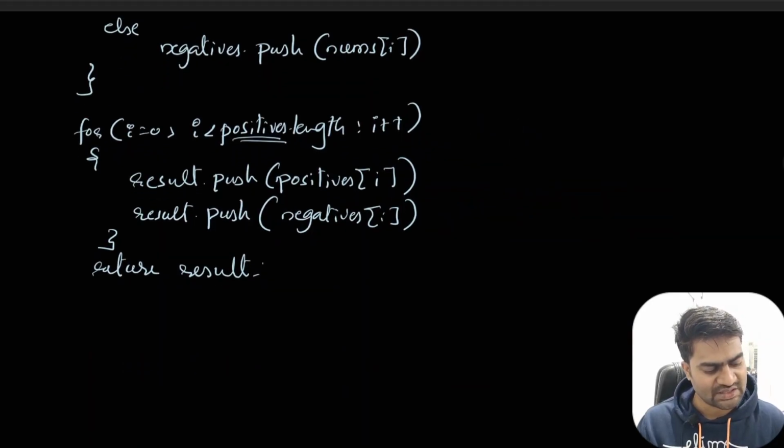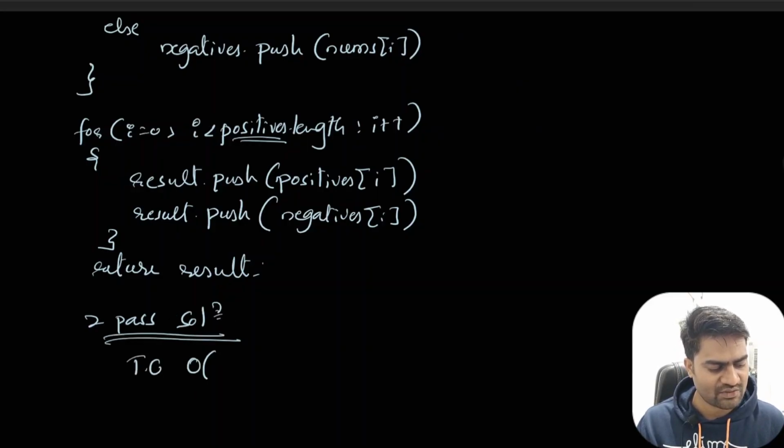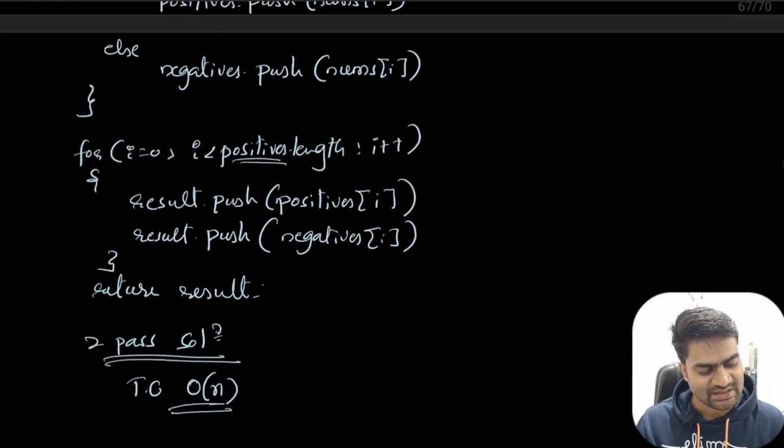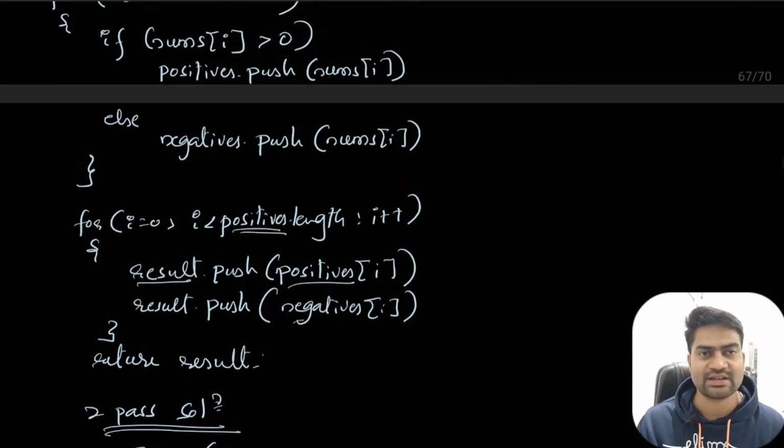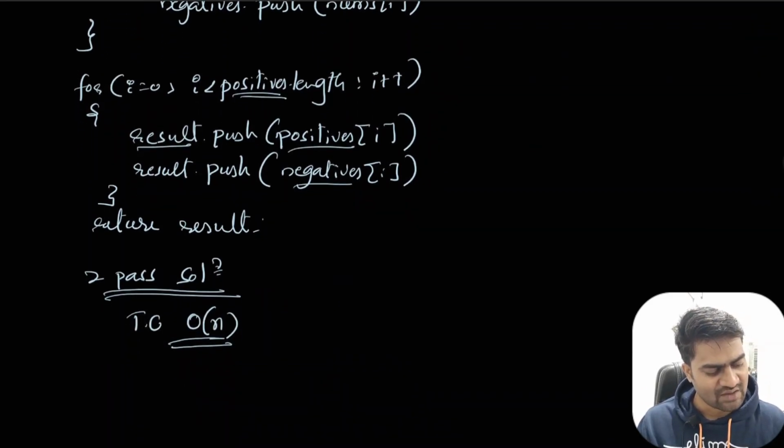So this is our 2-pass solution. That's why our time complexity is of order n. And we use the result array, and we use positives and negatives arrays. So that's why our space complexity will be of order 2n. So this is also 2n, correct, right?